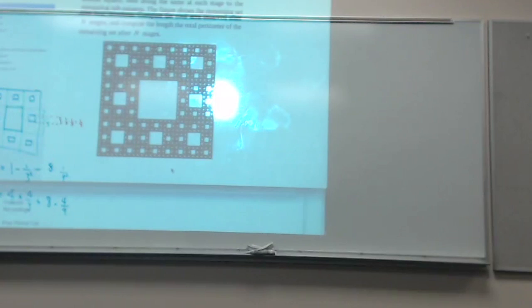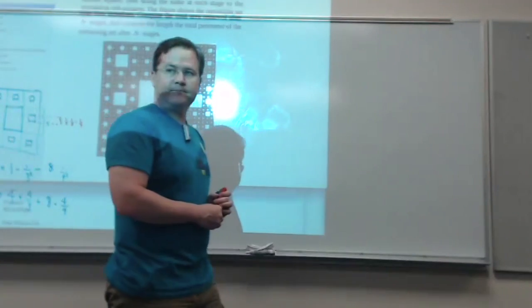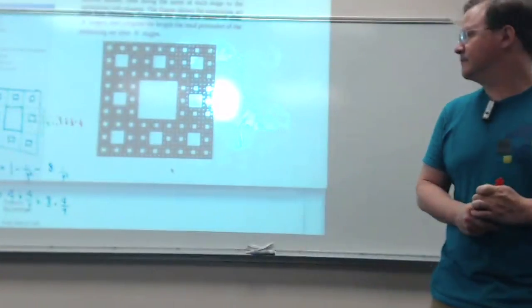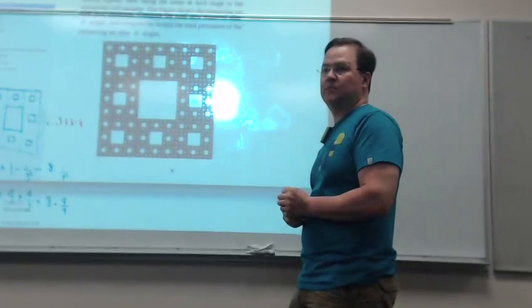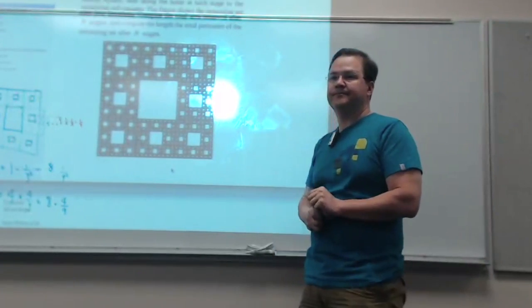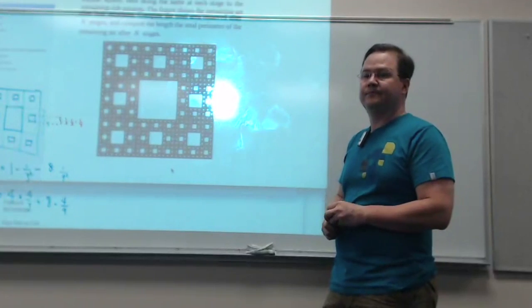I'm sorry, there are 8 of the small ones, the third squared. So 8 times 8 of those, 64, times whatever the area or perimeter is, which should be a 27, right? 4 27ths.